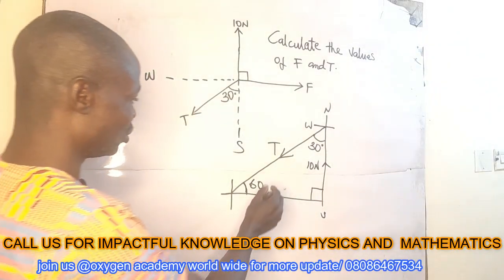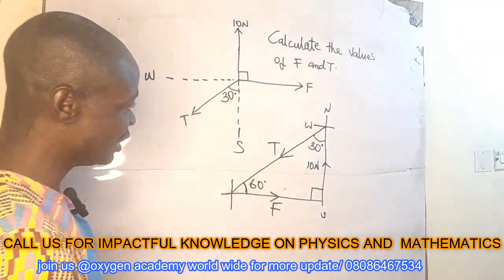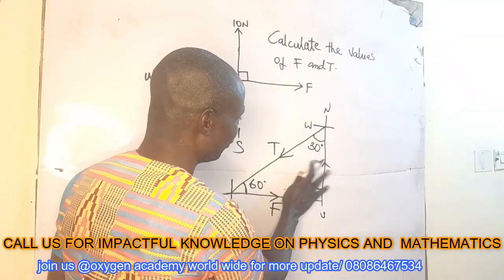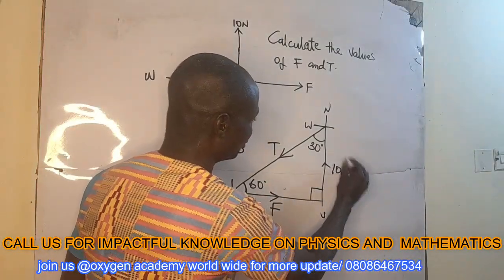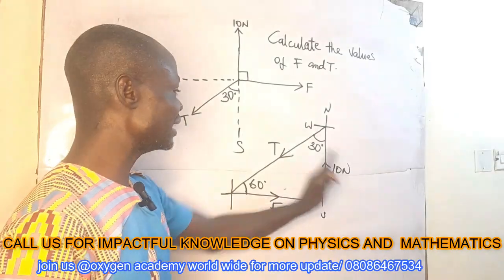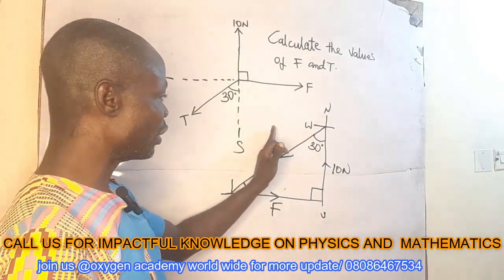60 degrees. Okay, so for me to now solve for T, this is going to be 10 newtons. To find T, I am going to use adjacent over hypotenuse, and adjacent over hypotenuse is cos.